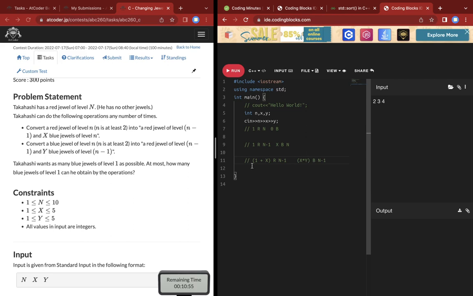Or alternatively he can again convert these N minus 1 reds into X blue of level N minus 2, so that would be 1 red of N minus 2, and this would be 2X blue jewels, right?